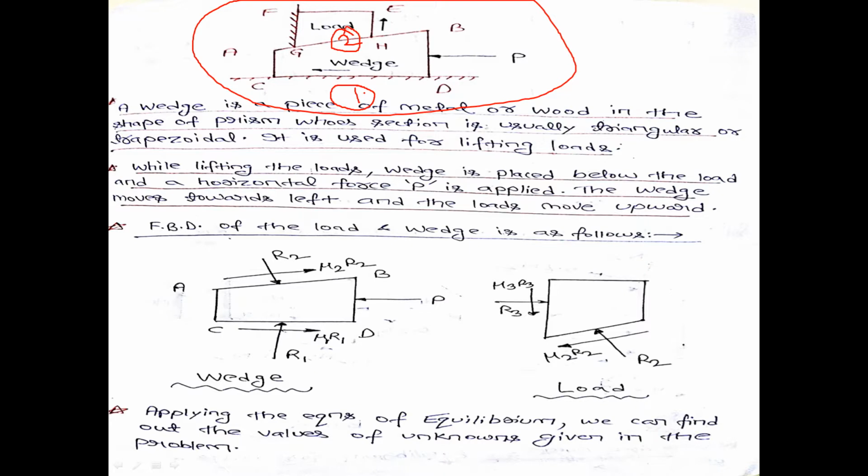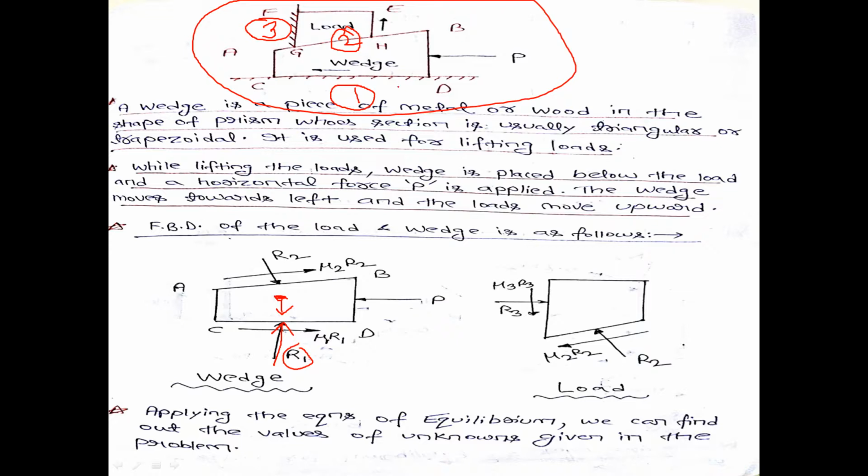And the contacting surface between the load and the vertical wall, assume FG is a vertical wall, is point 3. So if I draw the FBD of the wedge, the weight of the wedge will act vertically downward from the center of gravity. Now this wedge is in contact with the horizontal surface CD, the first surface. So this first surface will give a reaction to the wedge vertically upward. This is that reaction R1 in this direction.